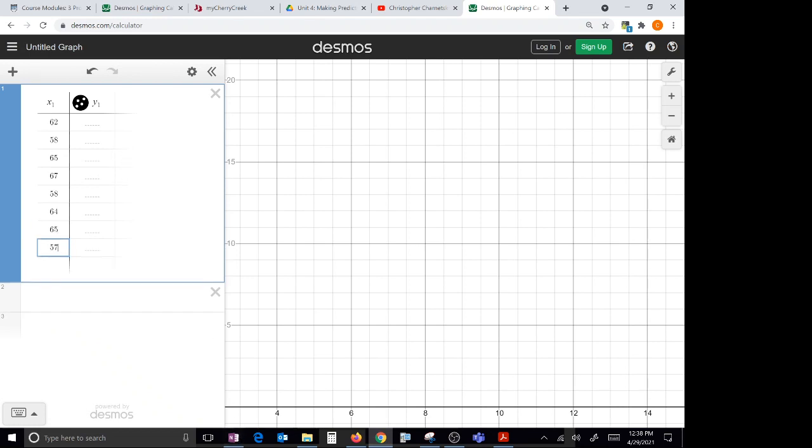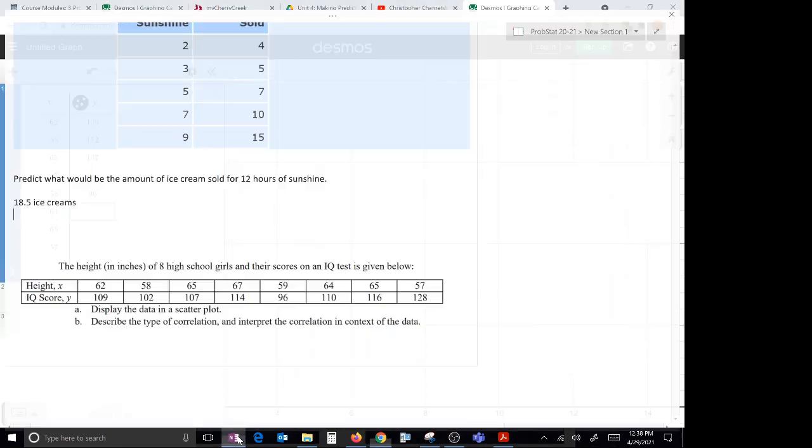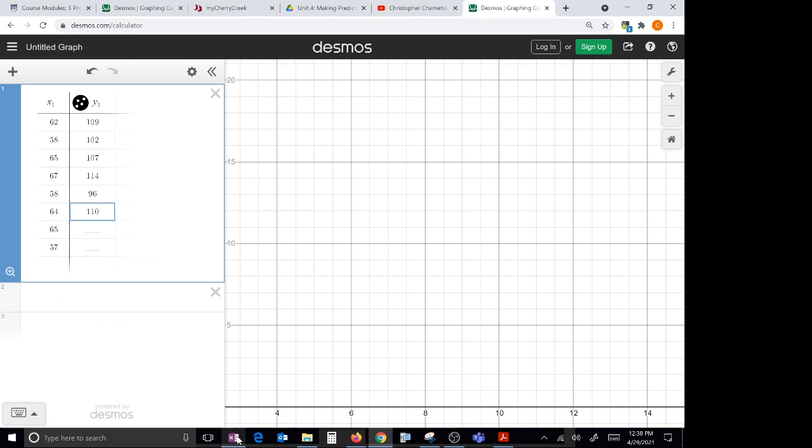Okay, and then our corresponding IQ scores, we got 109, 102, 107, 114, 96, 106, 128. Okay, so same thing, we're going to create a regression line.